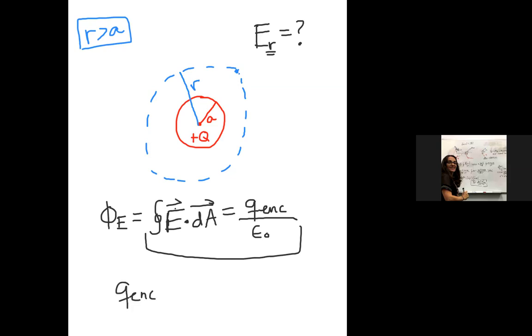It is the charge inside the Gaussian surface. How much charge is inside my Gaussian surface? Well, it's capital Q, right? My surface is this blue part right here. How much is inside? Well, all of this Q is inside of it. So that's where this comes from.